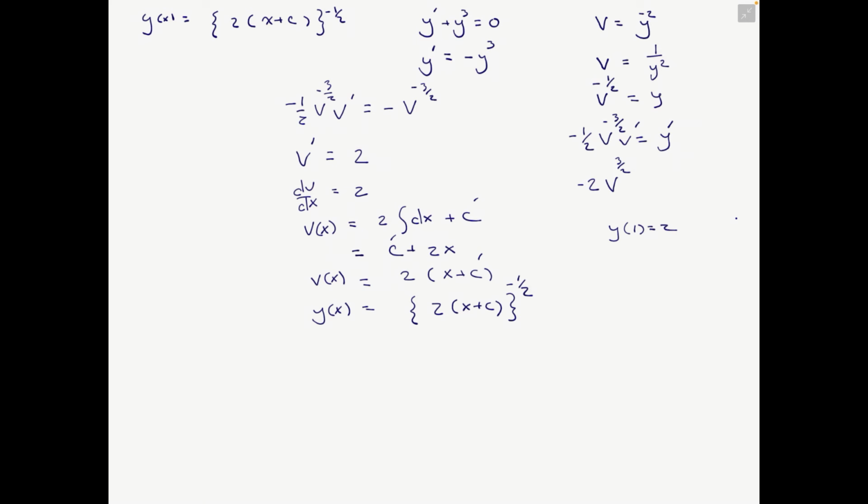So we look at this, we have y of 1 equals 2 equals 2 times 1 plus c to the minus 1/2, and that's equal to 1 over the square root of 2 times 1 plus c, and if we square that, we've got 4 equals 1 over 2 times c plus 1.